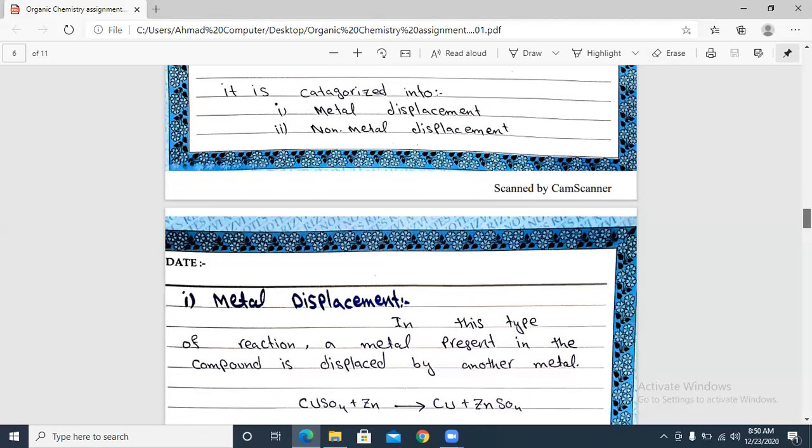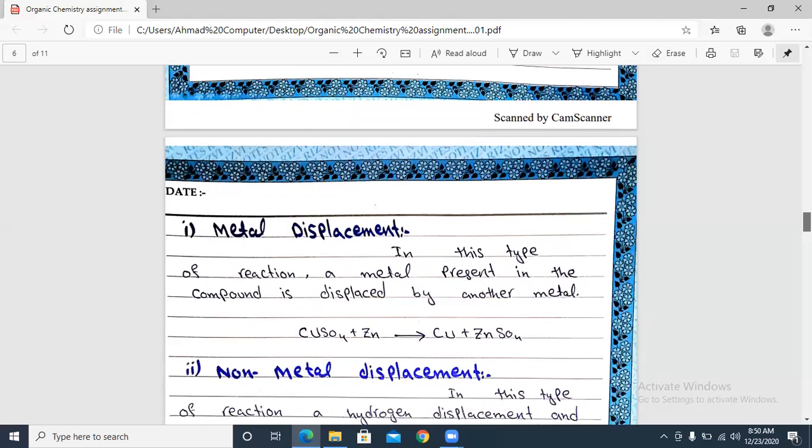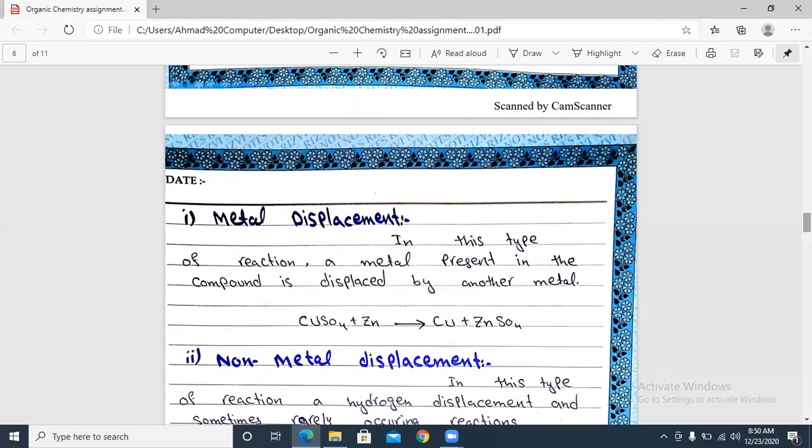So what is metal displacement? In this type of reaction, a metal present in a compound is displaced by another metal. For example, copper sulfate reacts with zinc to form copper and zinc sulfate.